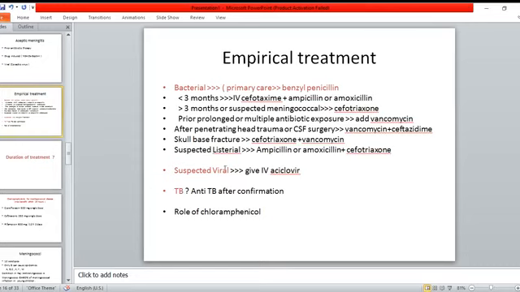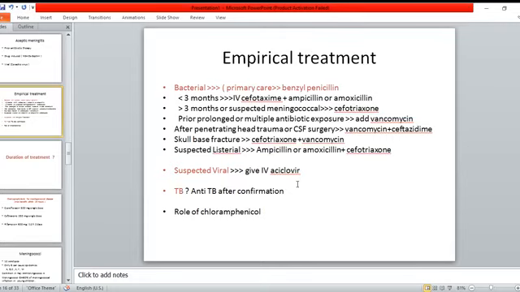If it's a viral meningitis from the CSF picture, usually based on suspicion from the CSF and the clinical picture, we start with acyclovir. So whenever you have a picture of viral meningitis, so almost normal protein or minimally elevated protein and normal glucose and lymphocytic, you will start with acyclovir.